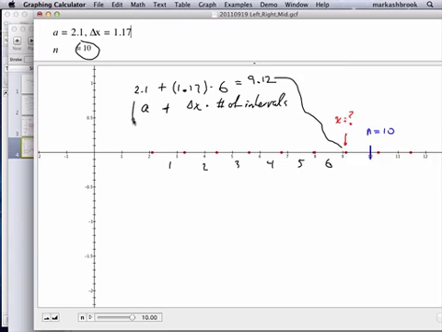So here's our general idea: a plus delta x times the number of intervals. The question is, mathematically, how can we create a formula that gets this number of intervals? Any ideas? Ben? N minus a divided by delta x. Nice. Explain what you're talking about. What does the n minus a mean?